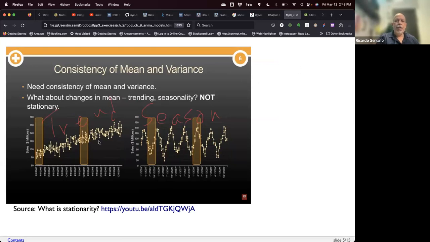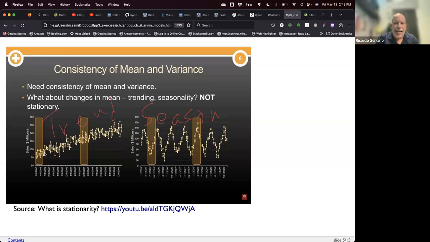Okay, so this one, this time series to the left, apart from the trend, we know that the values through time are increasing. But apart from the trend, we can see that the variance of that time series is very constant, right? The ups and downs are very uniform across the time.